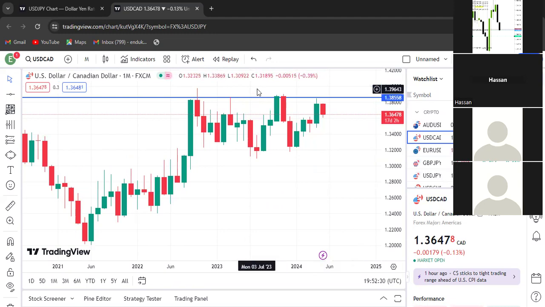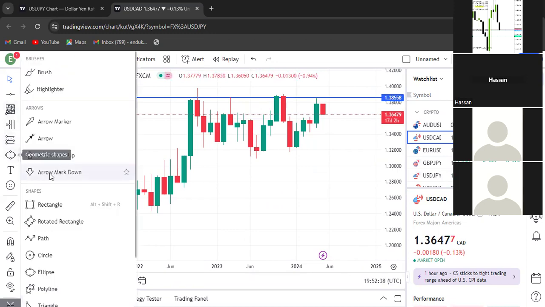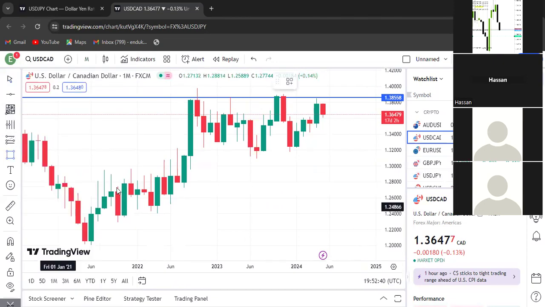So, normally I use a rectangle. I don't use a horizontal line. Let me use a rectangle here to mark the zone, the resistance zone.